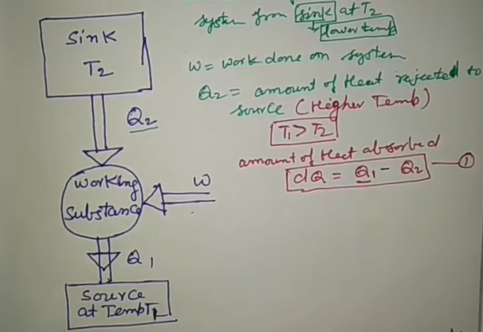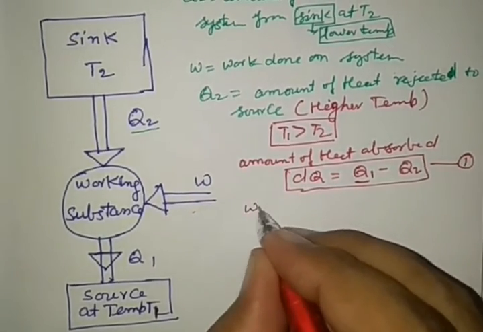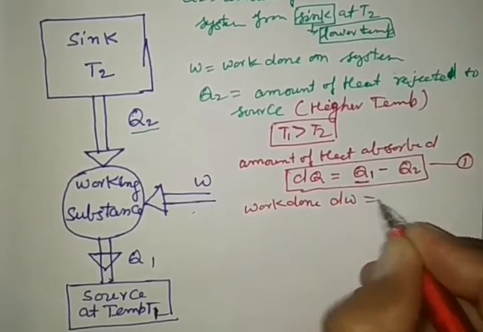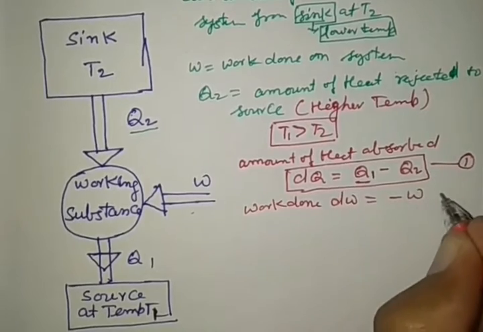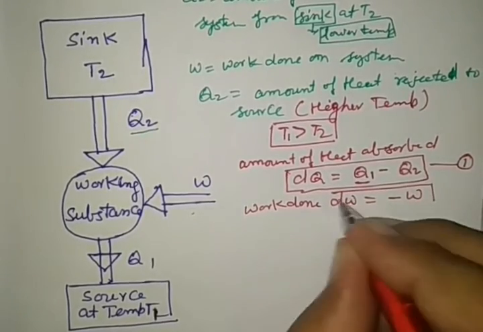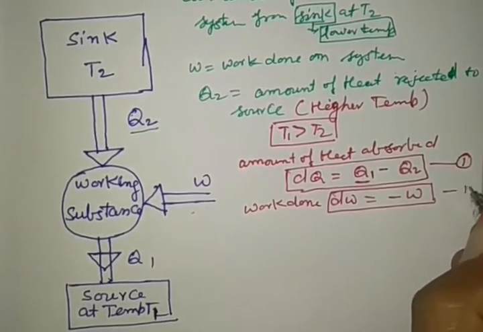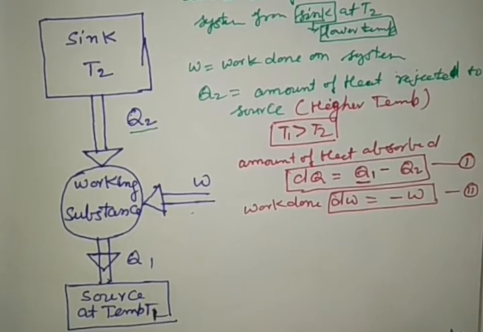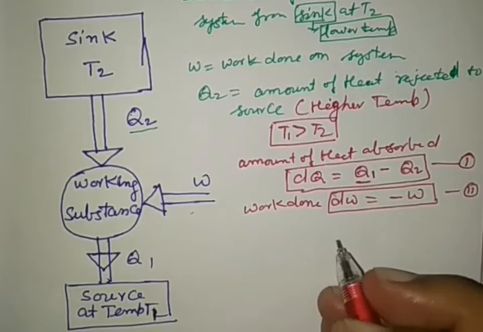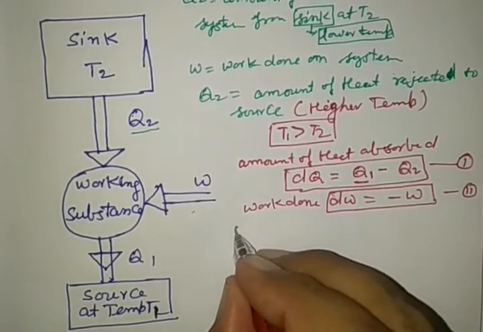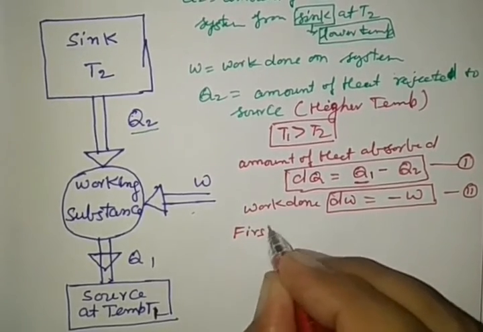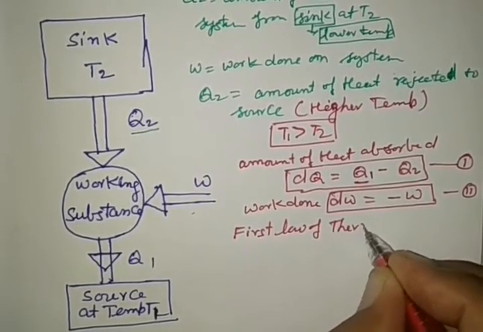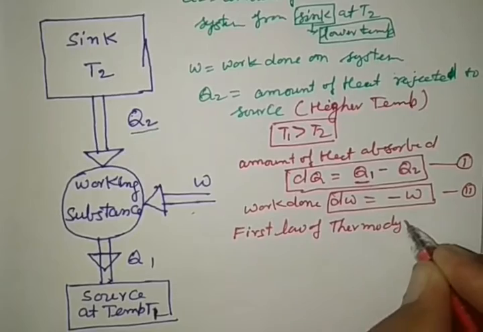Right? Work done dW is given here as minus W, because work is done on the system by supplying electrical energy. Right? Now see the first law of thermodynamics.